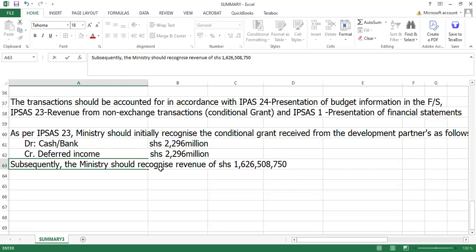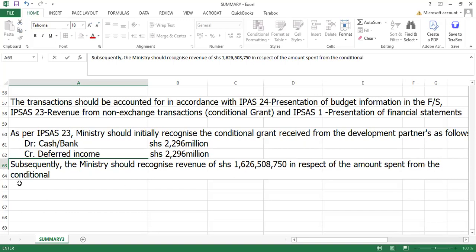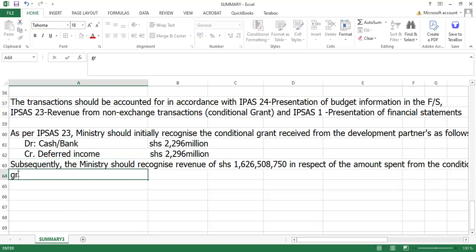You recognize this revenue in respect of the amount spent from the conditional grant. You are recognizing this in the statement of financial performance.